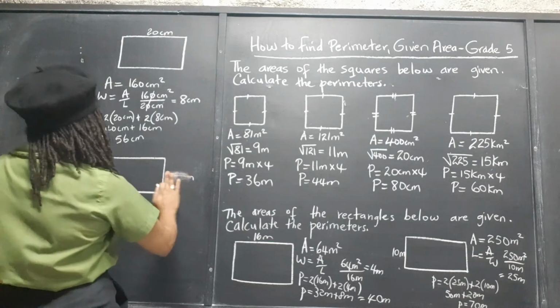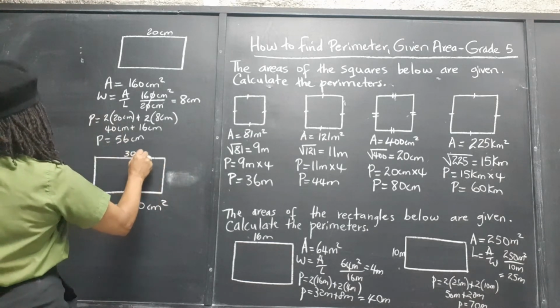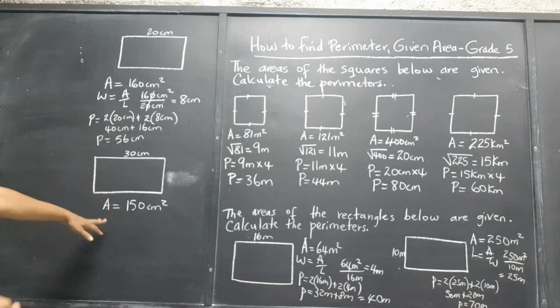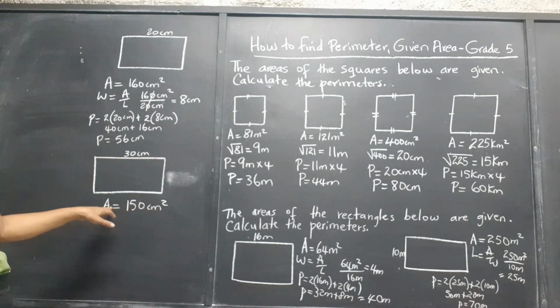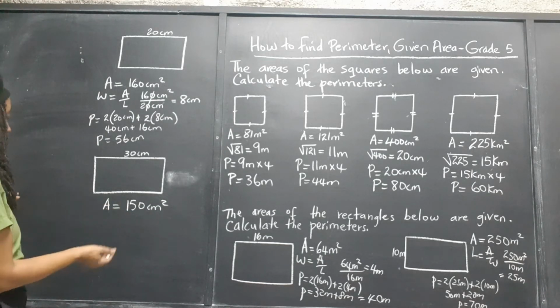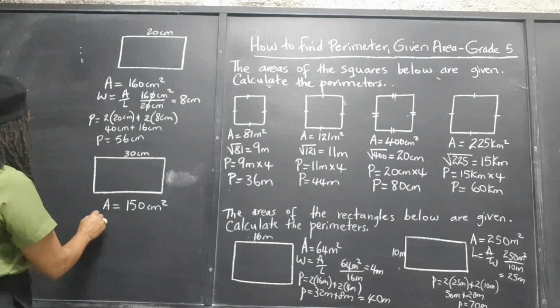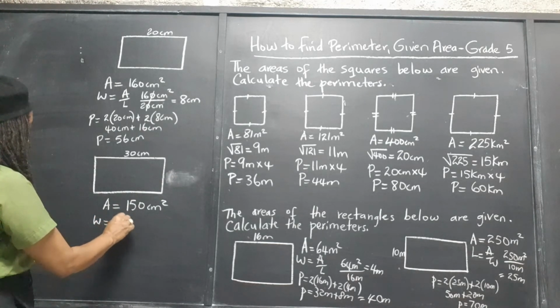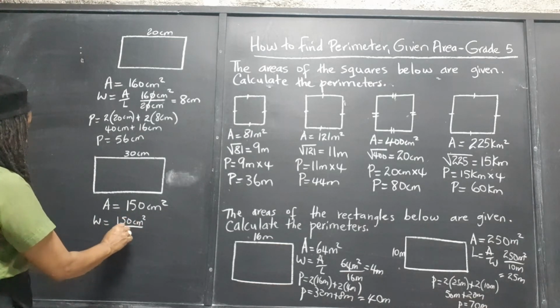Sorry, so this should be the length 30 centimeters. All right, so for this rectangle, the length is 30 centimeters and the area is 150 centimeters squared. So again, we're going to find the width by dividing. So the width is equal to the area divided by the length.